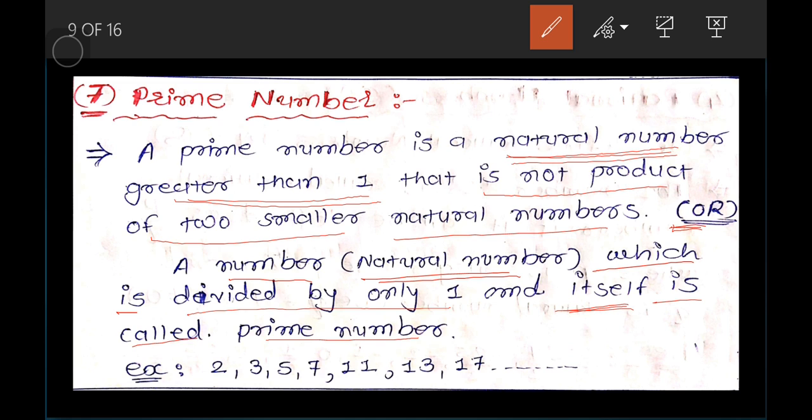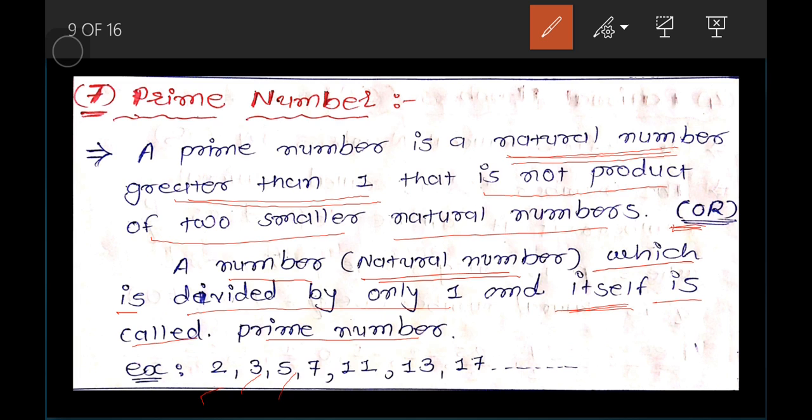So 2 is a prime number, because 2 is divisible by only 1 and itself, 2. 3 is also a prime number, because 3 is divisible by only 1 and itself, that is 3. By any other number it cannot be divided.